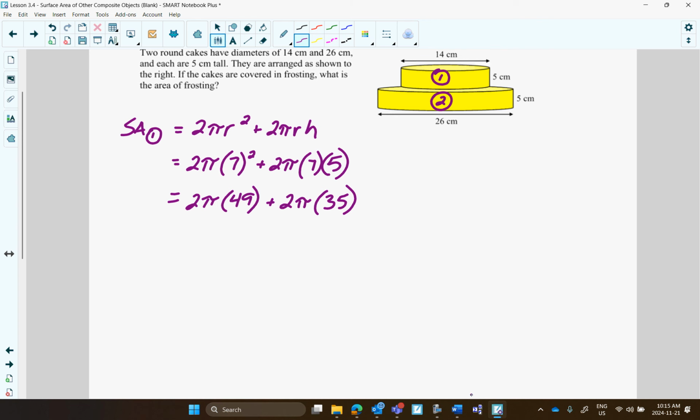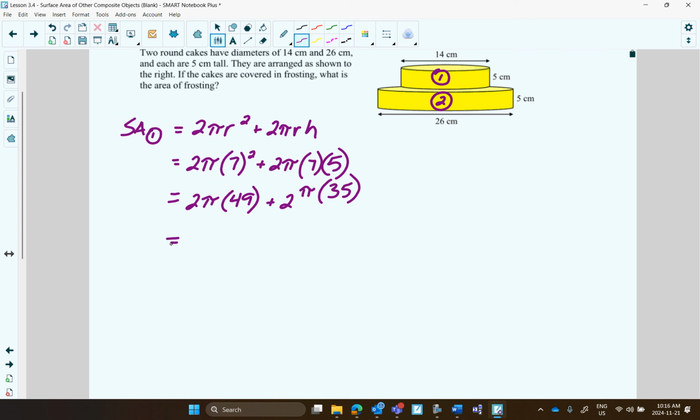So remember, you may get a slightly different answer than me, because if you use 3.14, which is okay, like if I did 2 times 3.14 times 49, I get 307.72 for the first one. And I would get 2 times 3.14 times 35, 219.8 for the second one.